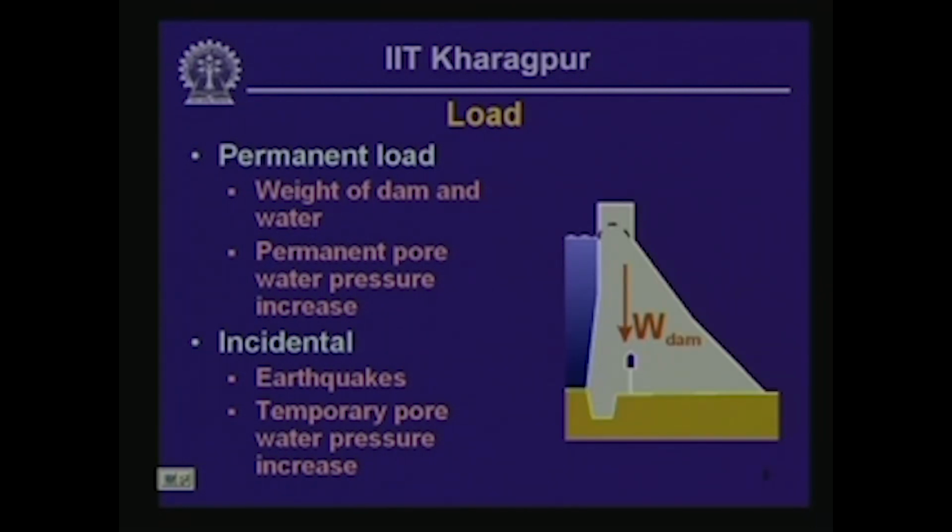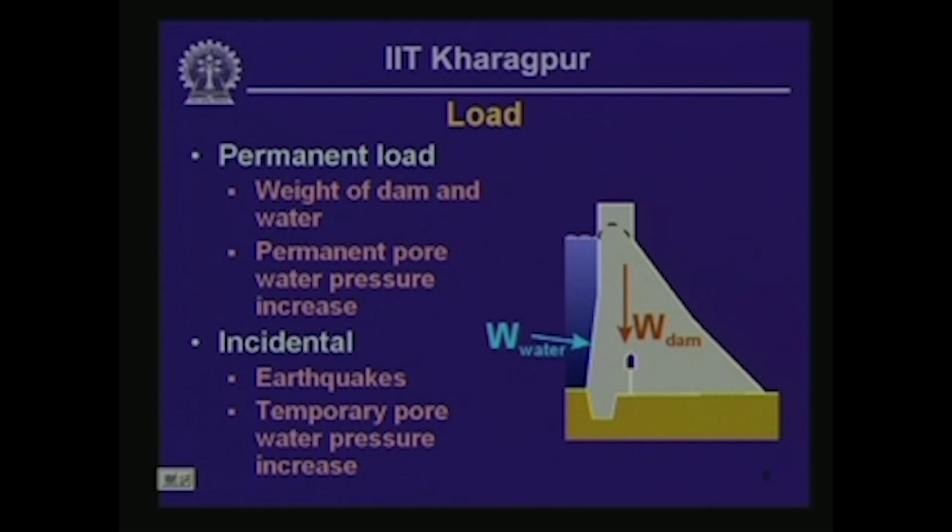Let us consider a gravity dam. The weight of the dam, I labeled that here using W subscript dam. Then we are going to have the weight of water. I have labeled that on the left using, not the weight of water, actually the water pressure on the dam.